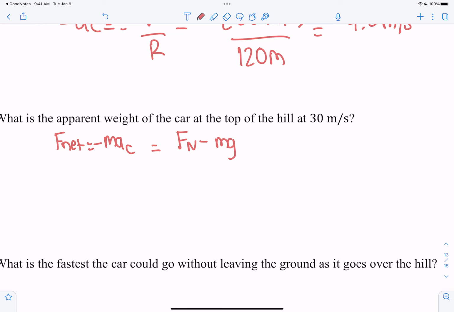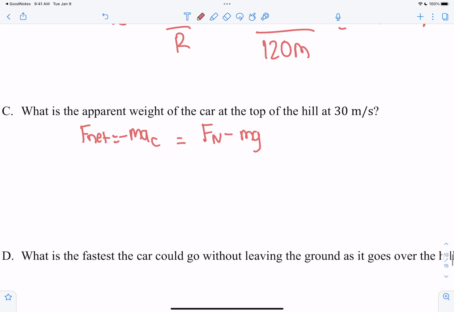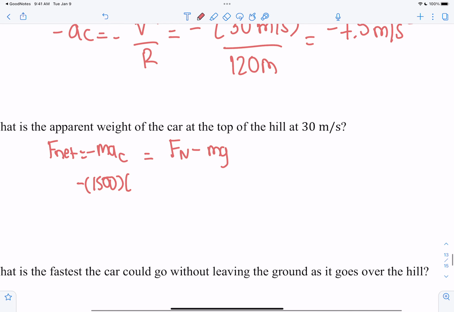Now, with this in mind, for my centripetal acceleration here, I have negative, this is 1500 times, what is it, 7.5? Yeah, 7.5 meters per second squared.